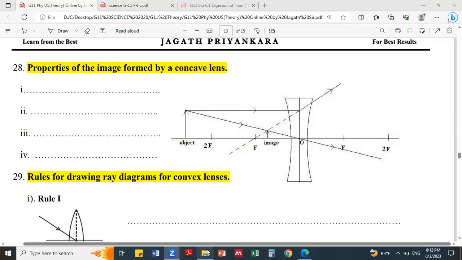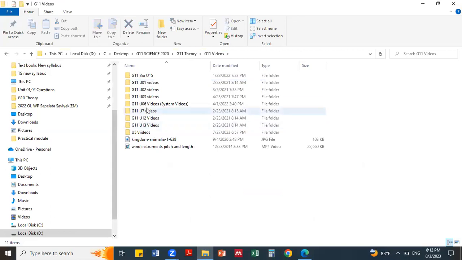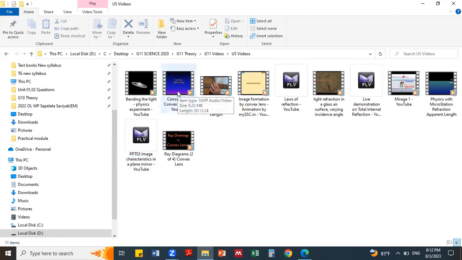Okay, wait, I'll show you a small video clip about this lenses topic. Concave lens, convex lens, concave and convex mirror.